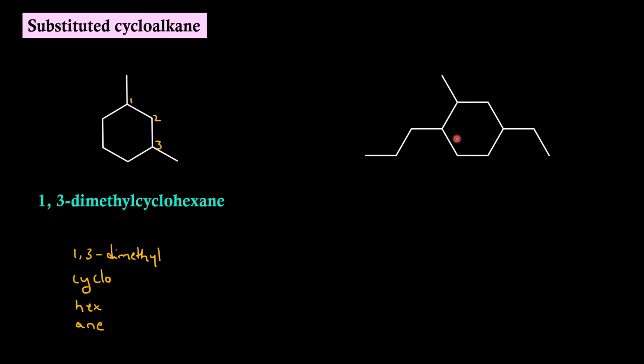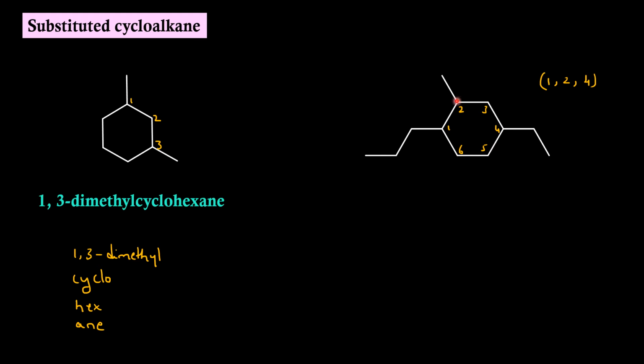In this molecule, if I start to number from this point, then 1, 2, 3, 4, 5, 6, I will have the substituents at position 1, 2 and 4. Let us try other possibilities.